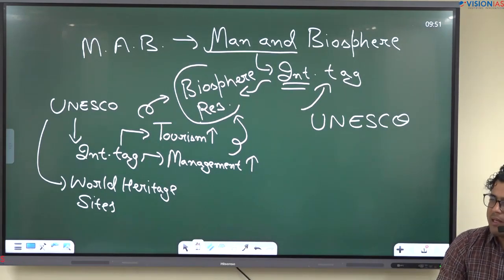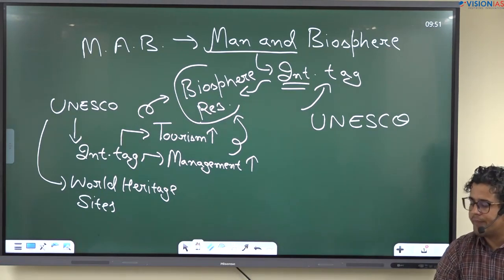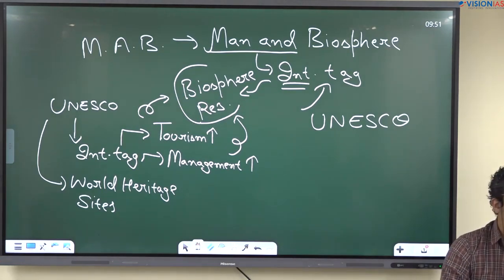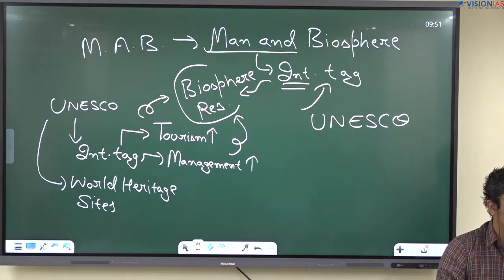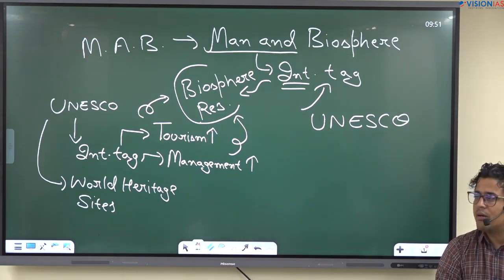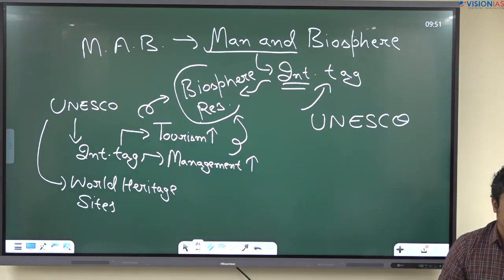You have written the names of 18 biosphere reserves of India. How many of the 18 have got a MAB tag? 12. Out of 18, how many of India's biosphere reserves have this international tag? 12.